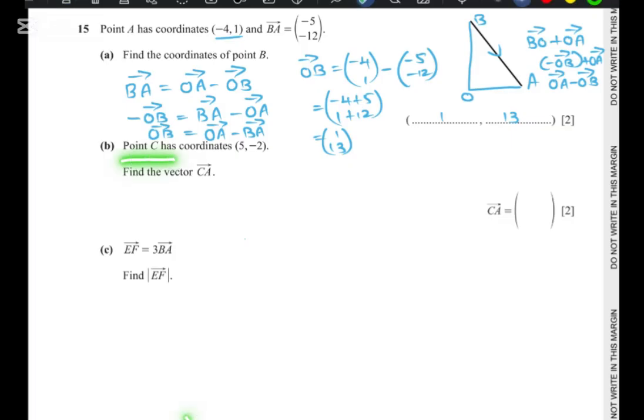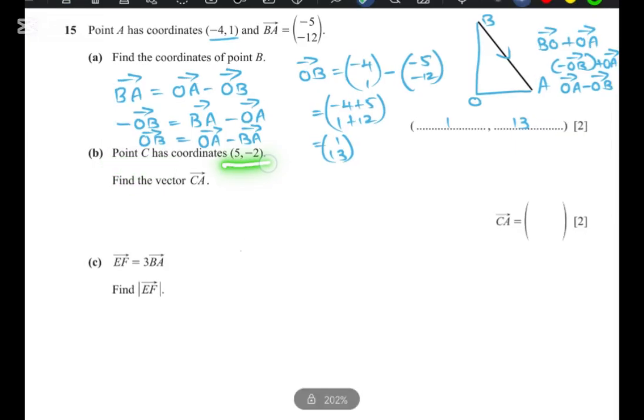B, point C has coordinates (5, minus 2). Find vector CA. Now we know the coordinates of C, we know the coordinates of A. So finding CA will be easy. CA will be OA minus OC, the same way which I did before.